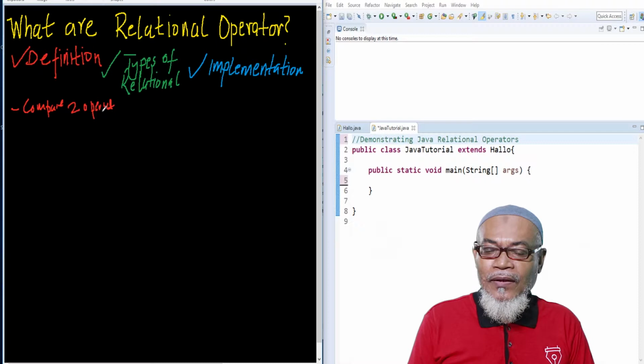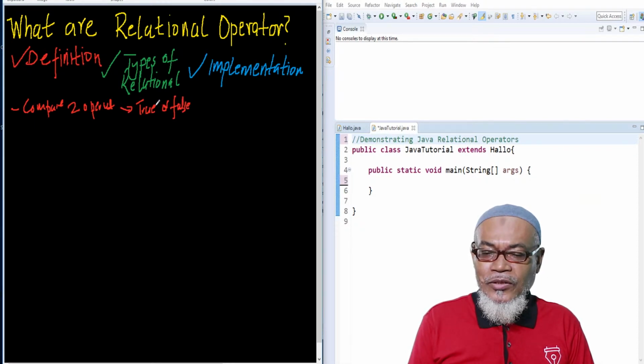After it has compared them, it determines their relationship. Relational operators are binary operators, and they return a Boolean result of either true or false.